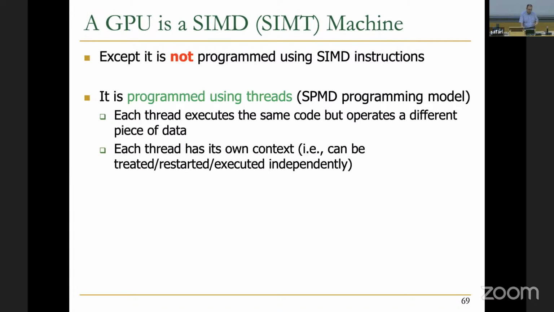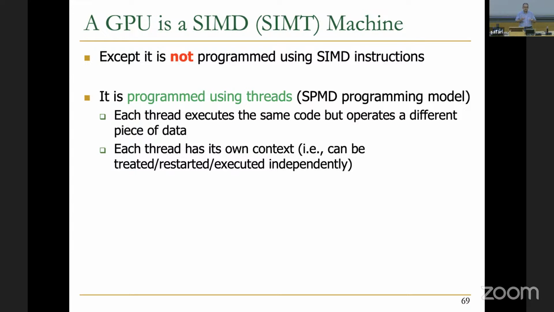So the good thing is that each thread has its own context and can be treated, restarted, and executed independently. Each thread has its own context, meaning it has its own registers. That's why a GPU needs a lot of registers. For example, in MIPS, the version that you have learned in this course, per core we have 32 32-bit registers, as far as I remember.